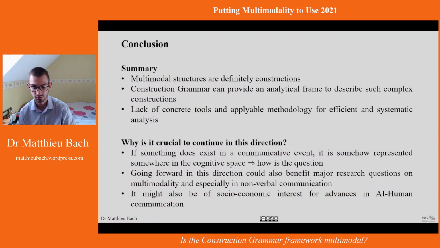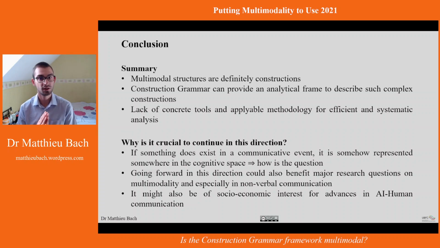And I can see now that I'm a bit late, so I will just conclude this talk in a few words. First, a summary. We knew multimodal structures could be constructions, and we can say now they are definitely constructions, or they are definitely generations of a cognitive construction.